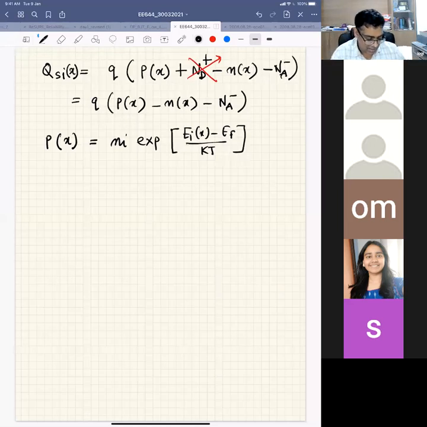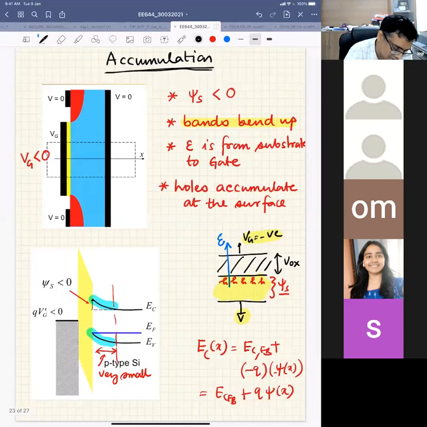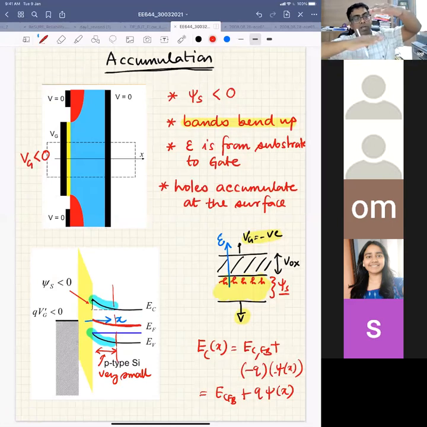If I go in the x direction, this is my x direction here. I have not drawn Ei here, so Ei will be something like this. Ei will always be between Ec and Ev, and if Ec and Ev are changing, then Ei will change, but the Fermi level will not change.